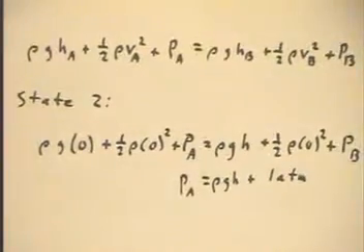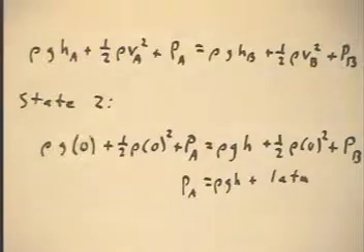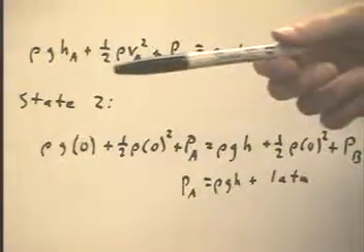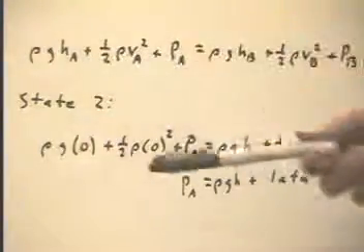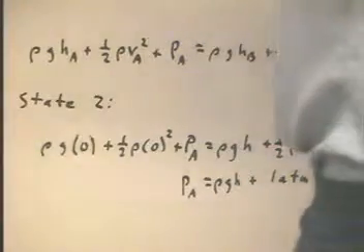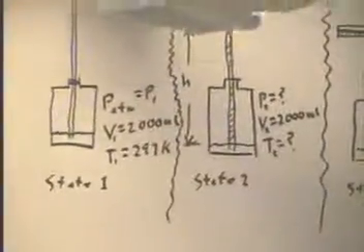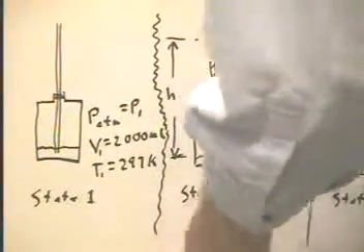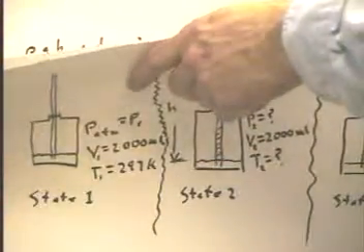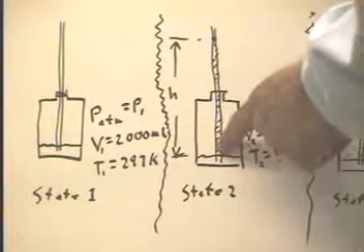Just to show again the use of Bernoulli's equation, figuring the pressure at State 2, if we have points A and B, and I really should show a picture here. If we come back here, okay, point A is down here at the water surface.